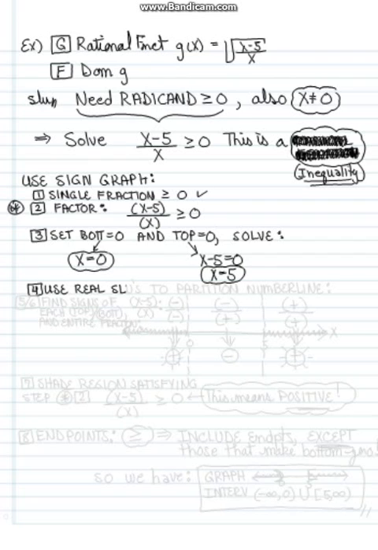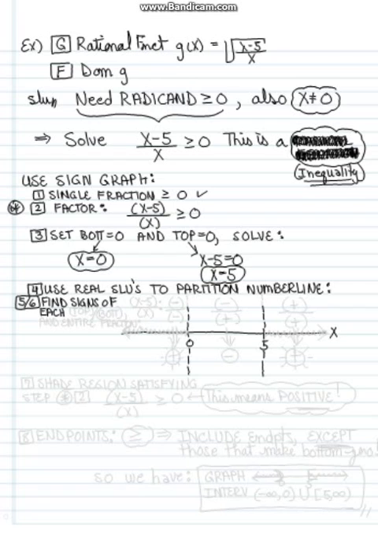So step 4, we use the real solutions to partition a number line. So here's an x-axis number line we're going to draw. And we're going to bust it up into pieces using these real numbers we just found, 0 and 5. We're going to consider the sign of each of the top and the bottom, the sign on the top and the sign on the bottom in each of the regions, and then the sign on the entire fraction.